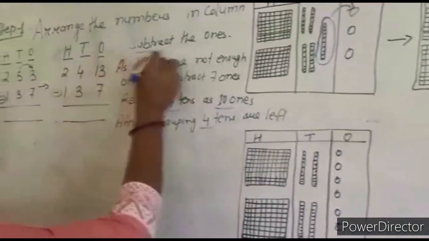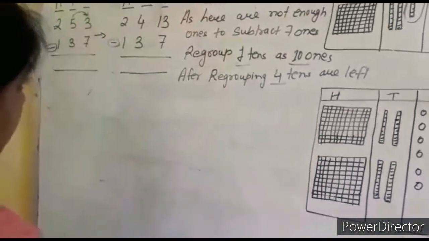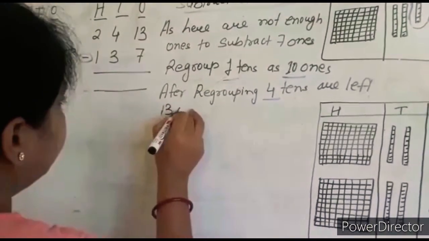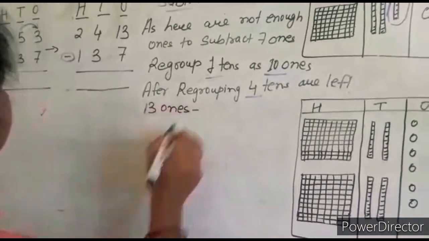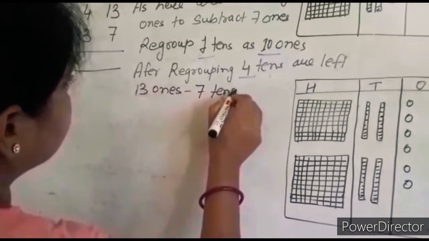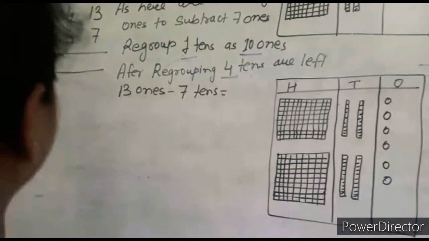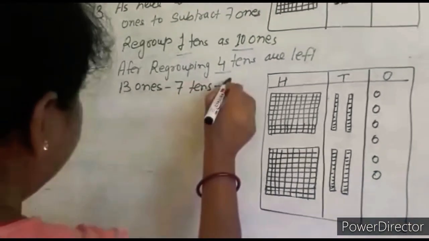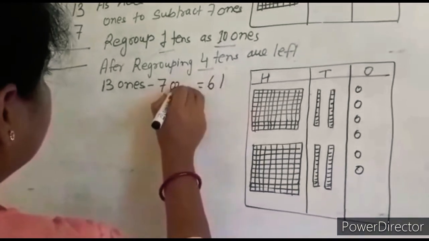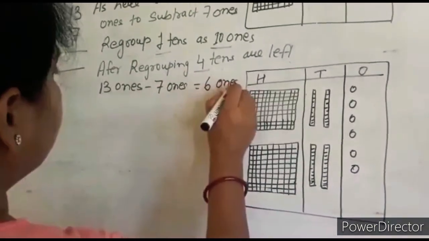Then we subtract the ones. 13 ones minus 7 ones equal to 6 ones.